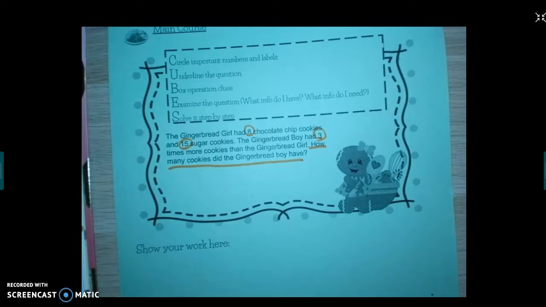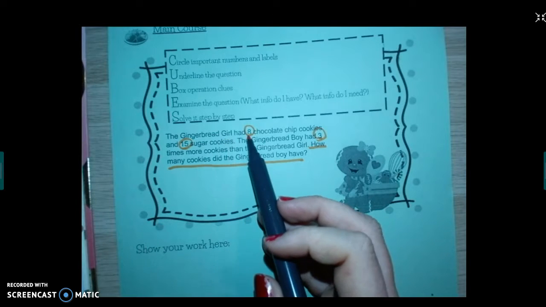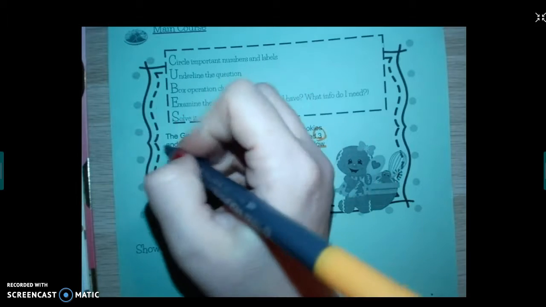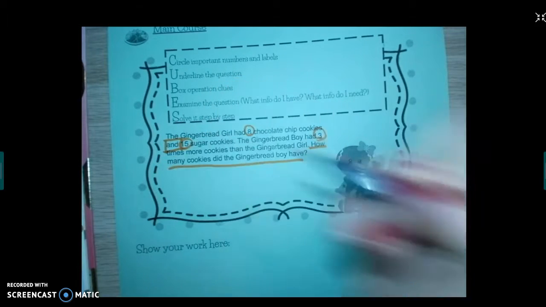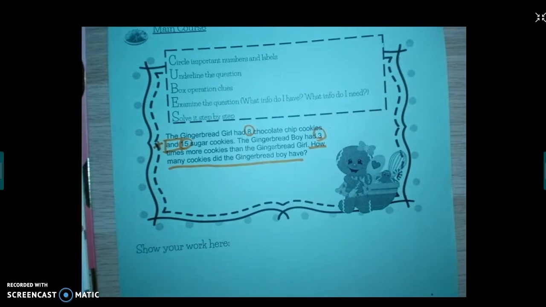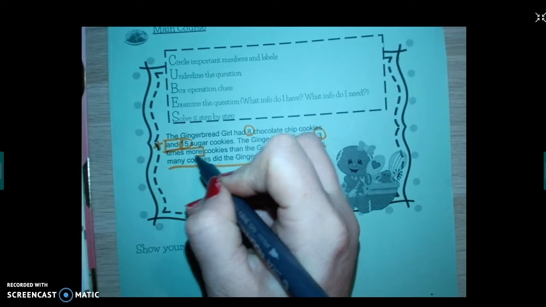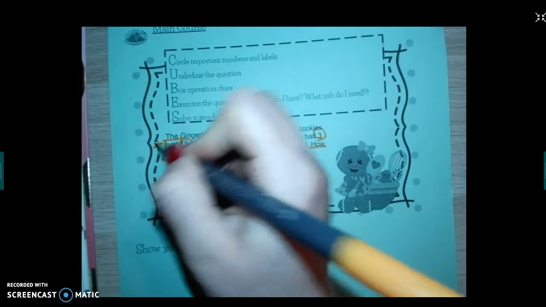Okay. Then we're going to box the operation clues. The gingerbread girl had 8 chocolate chip cookies and is actually a clue. And that's going to tell us that we probably need to add to find out how many cookies the gingerbread girl has. The gingerbread boy had 3 times more. So times more tells us that we're going to multiply.